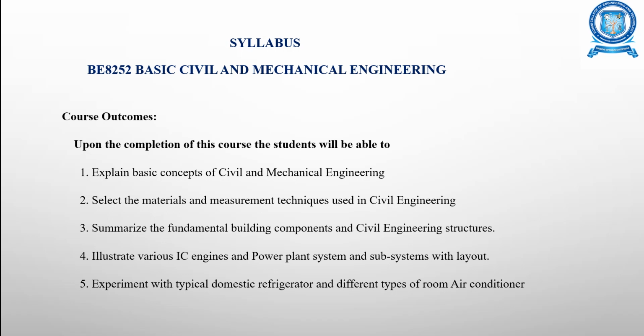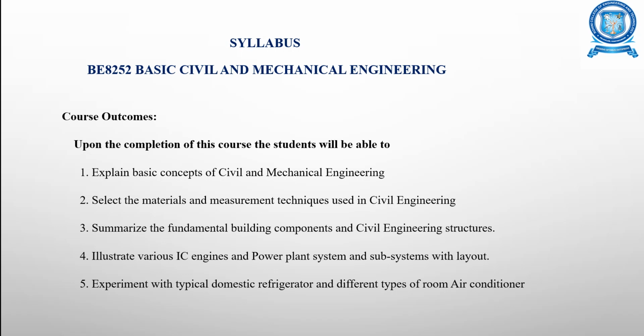So the students, upon completion of the course, will be able to explain basic concepts of civil and mechanical engineering from Unit 1, and from Unit 2 they will be able to select the materials and measurement techniques used in civil engineering. And in Unit 3, the students will be able to summarize the fundamental building components and the civil engineering structures.